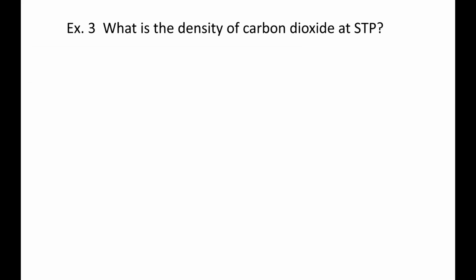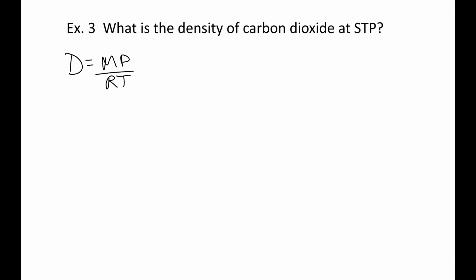Okay. So what is the density of carbon dioxide at STP? Well, since it's asking for density, it's the dump dirt equation. So dump dirt. So I'm going to have to make sure I fill in everything. Now, molar mass, it doesn't give you, there's no numbers in this problem. What the heck? Well, we can figure out all the numbers.